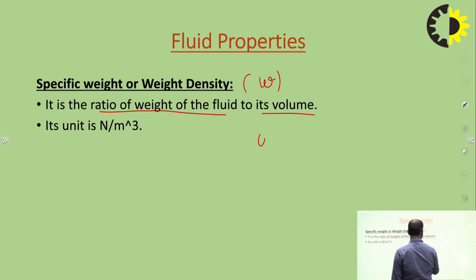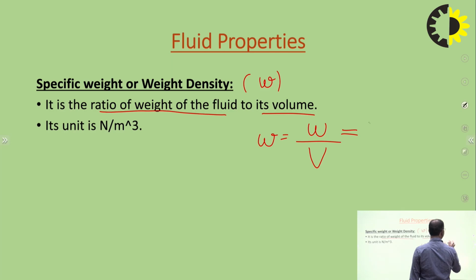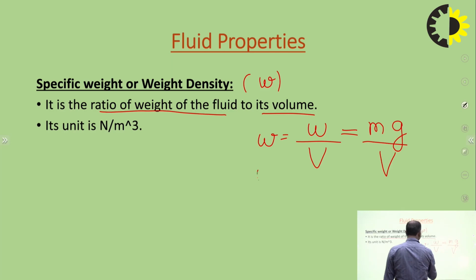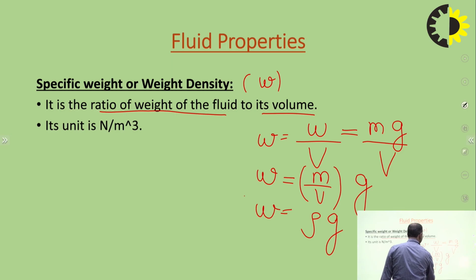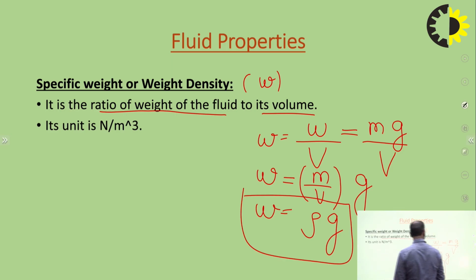We know that weight is m into g, so specific weight is m by v multiplied by g, and we know that m by v is rho. So, specific weight is the product of density of the fluid and acceleration due to gravity, and its unit is Newton per meter cube.